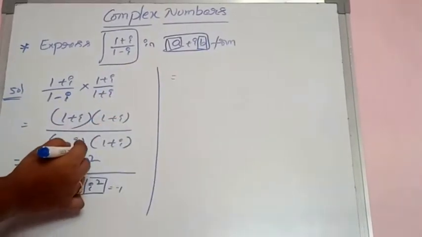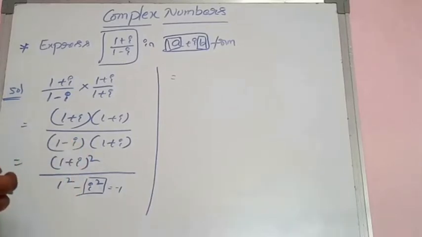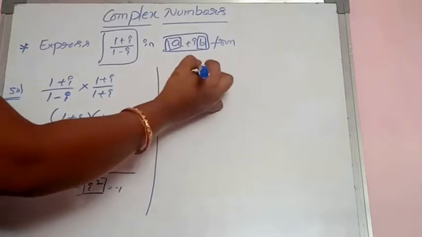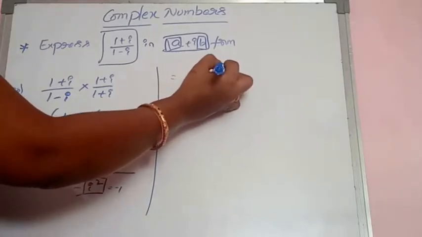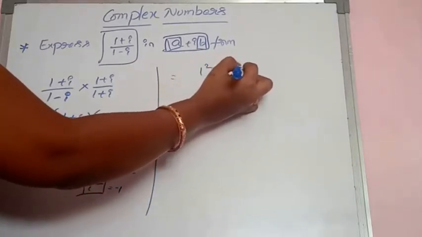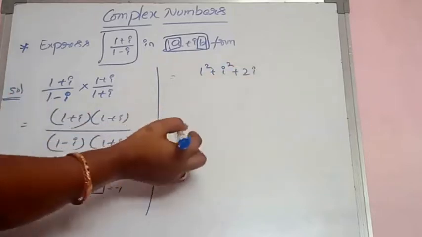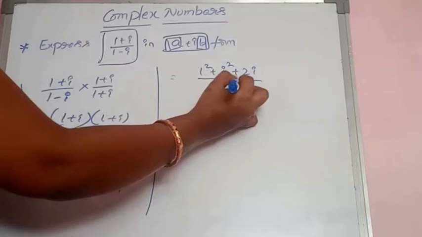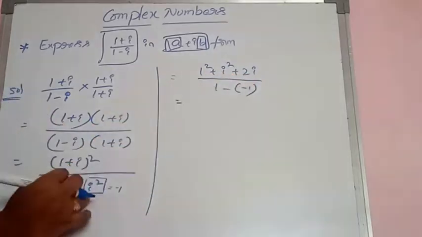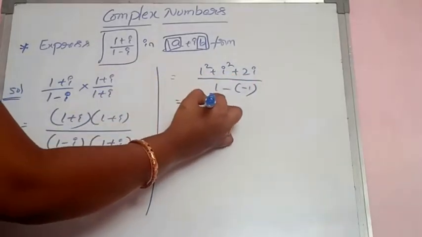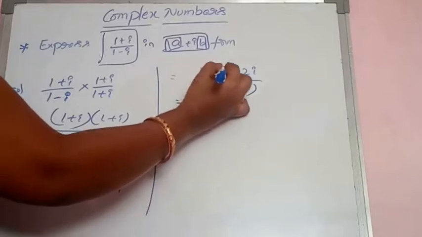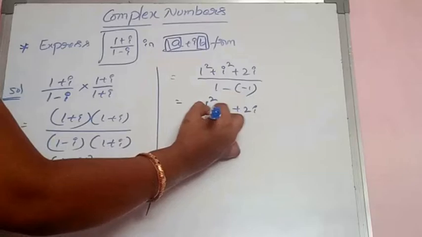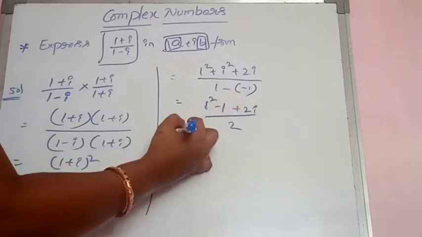Here (1 + i) whole square is an (a + b) whole square, so we apply the formula: 1 square plus i square plus 2ab, that means 2 into 1 into i, which is 2i, divided by 1 minus of minus 1. Here i square means minus 1. So 1 square plus i square means 1 minus 1, plus 2i, by 1 plus 1, which is 2.